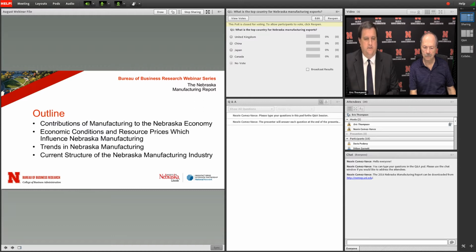And lastly we'll look at some detail on the current structure of the Nebraska industry. What are the key types of manufacturing that our state specializes in? Do we have a lot of large, small, and mid-sized manufacturers? Issues such as that.